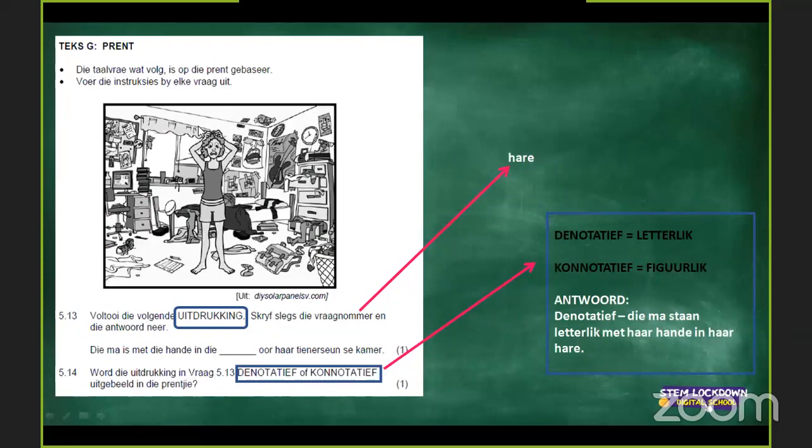So in hierdie geval, we can literally see the expression. Here, she's standing with her hands in her hair. So this is denotatief because it's been printed to us in a literal way that we can see it. Die ma staan letterlik met haar hande in haar hare. The mom is actually standing with her hands in her hair because she's frustrated with the kids' messy room.